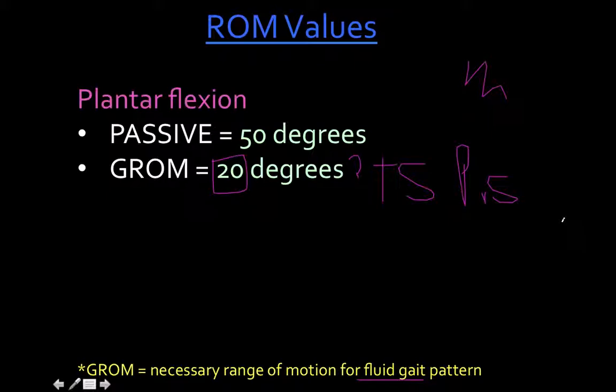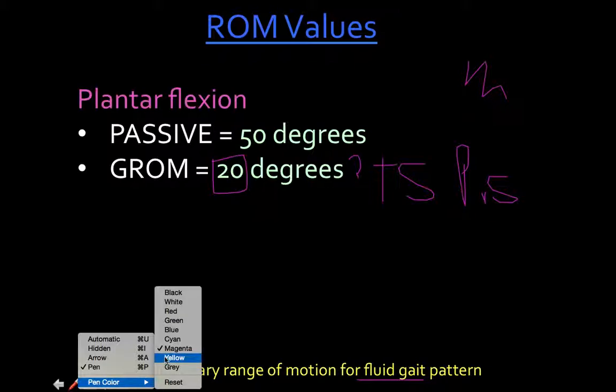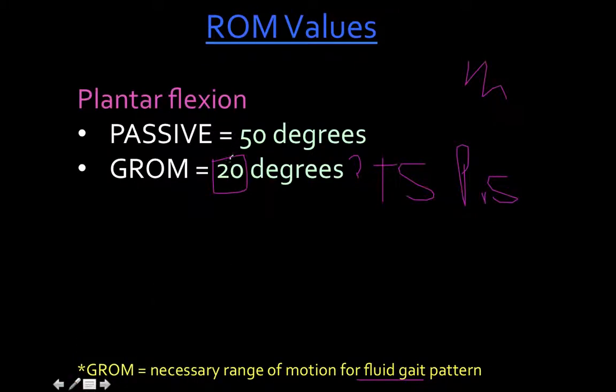Right now it is a rigid structure because that foot is going to be plantar flexed. Our great toe is going to be extended so that we can have that push off. But you'll learn more about that in biomechanics. Dr. Childers will do a much better job of explaining that to you. But definitely know these range of motion values. So for gait, we need 20 degrees of plantar flexion.